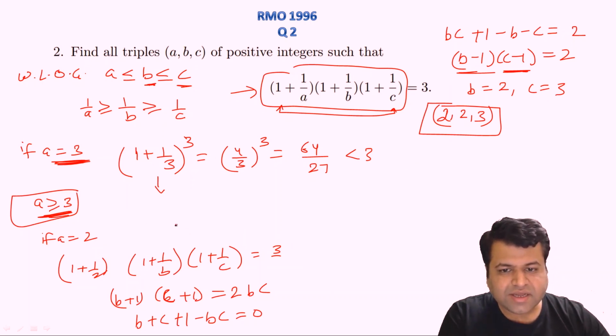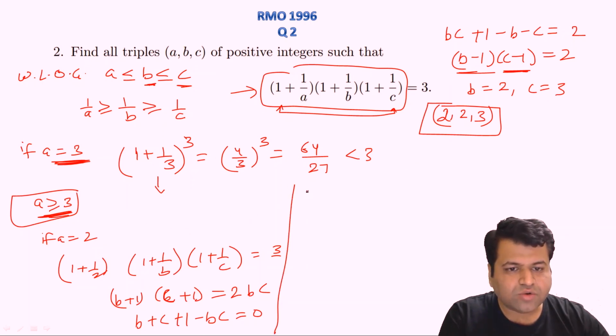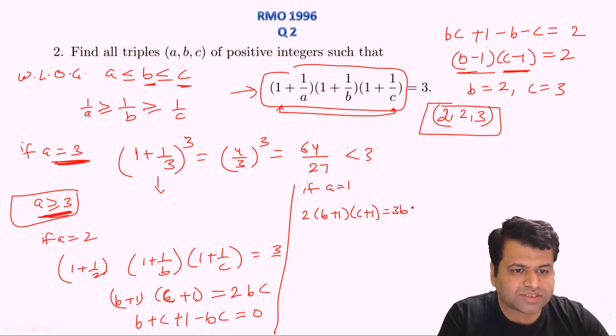Let's consider the next case, if A is actually equal to 1, right? If A is 1, then what will we get? We will get twice of (B plus 1) into (C plus 1) equal to 3 times BC, right?